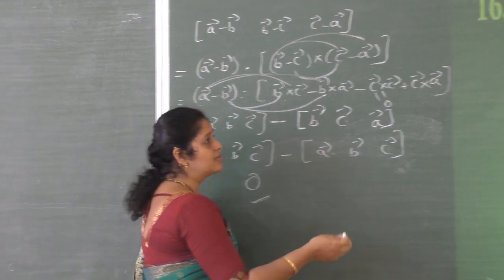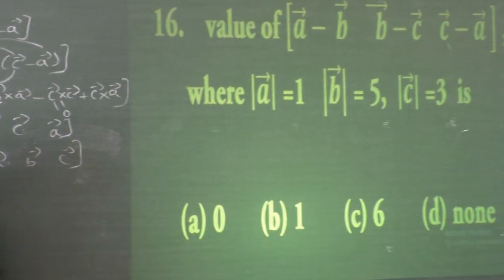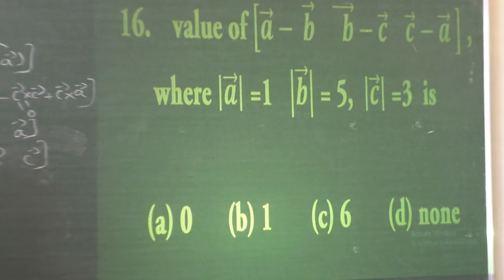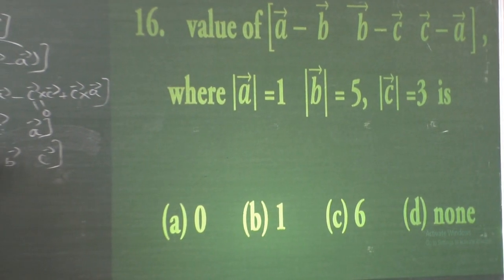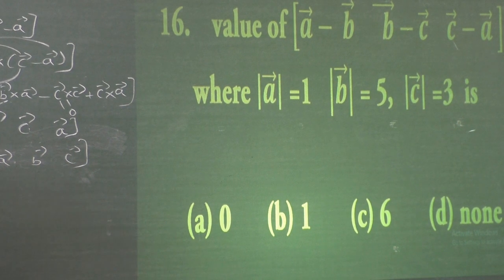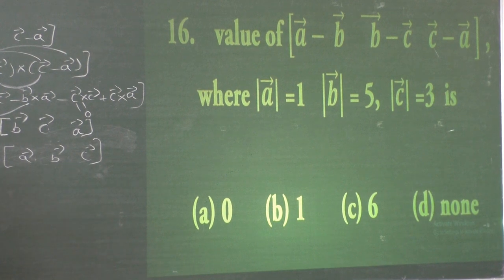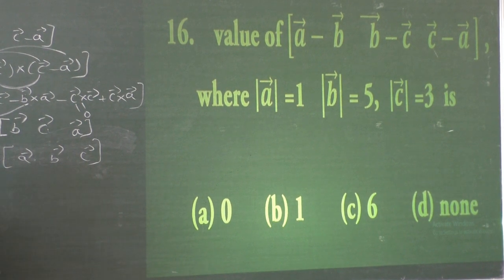Here the magnitudes of vector A, vector B, and vector C are given. That is just for your confusion, they gave those magnitudes. Whatever their magnitudes may be, the question is the box product of vector A minus vector B, vector B minus vector C, vector C minus vector A. That is always 0.